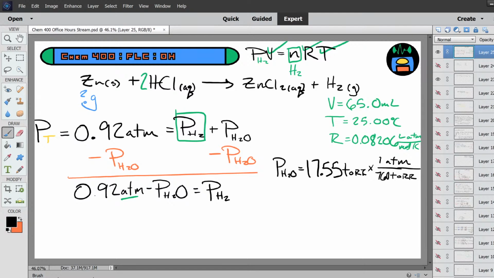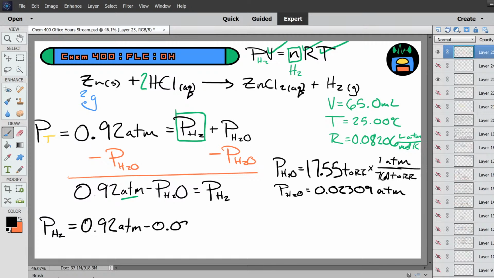So 17.55 divided by 760 is 0.02309 atmospheres. So now our partial pressure of hydrogen is equal to 0.92 atm minus 0.02309 atm.